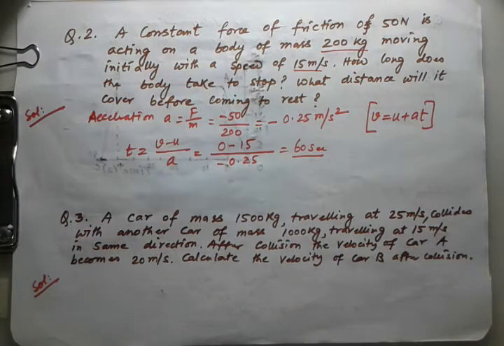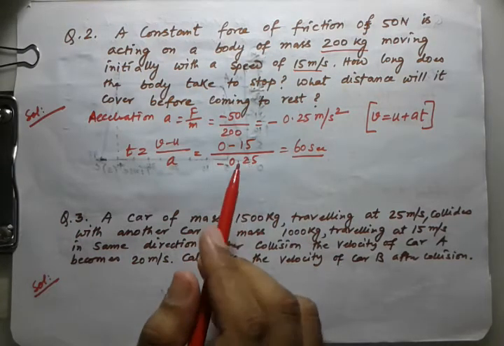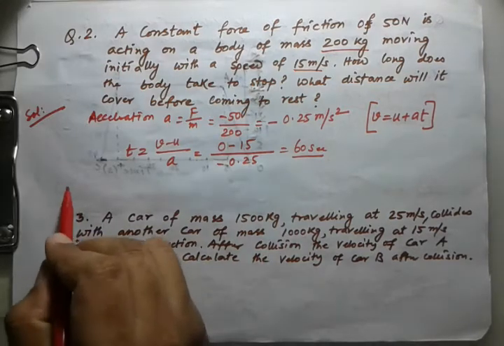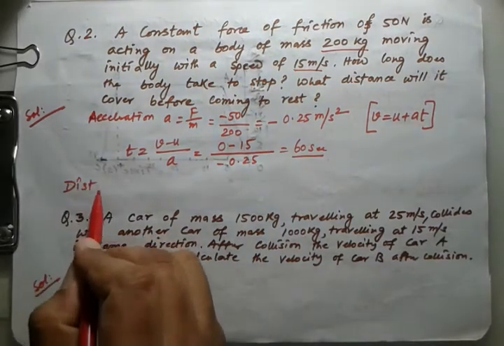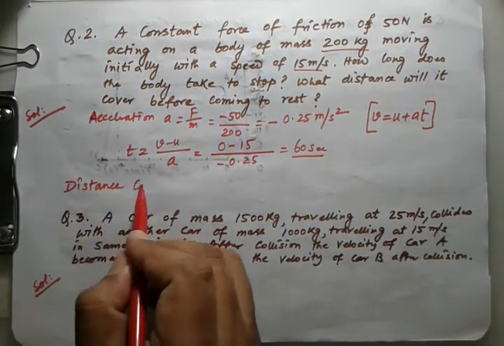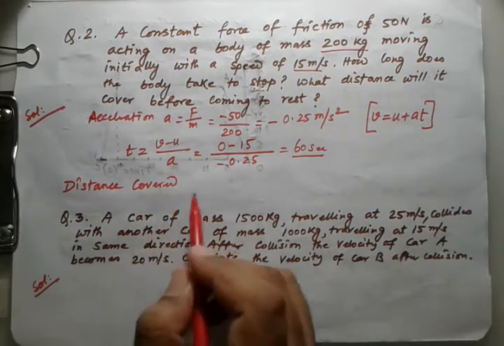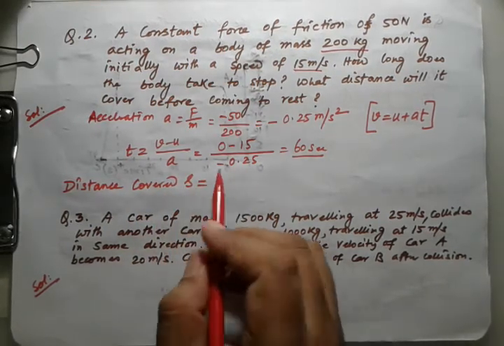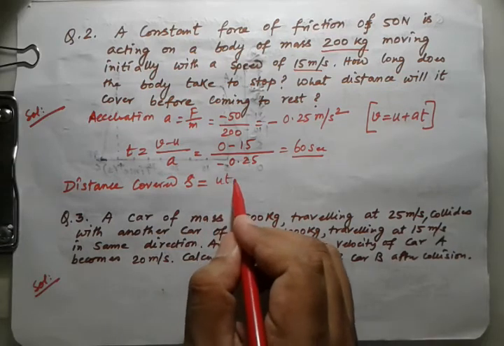Now you have the distance covered. Time we got, then you can find out the distance covered. S is equal to ut plus half at square.